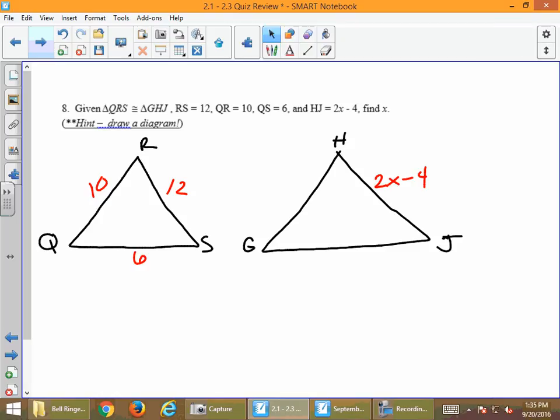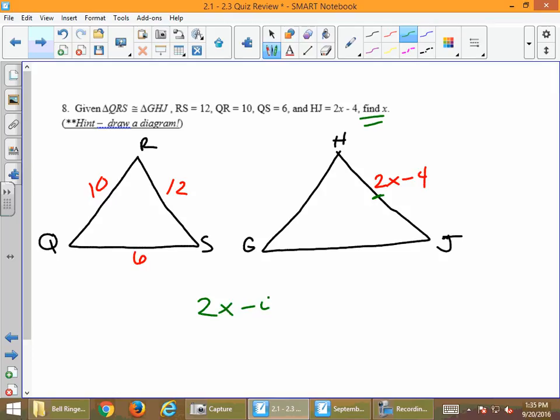Okay, so if we look to find x, we have 2x minus 4. Which side is congruent to 2x minus 4? Which side's in the same spot in the other triangle? Well, if they're congruent, what can we do with 2x minus 4 and 12? Set them equal to each other.